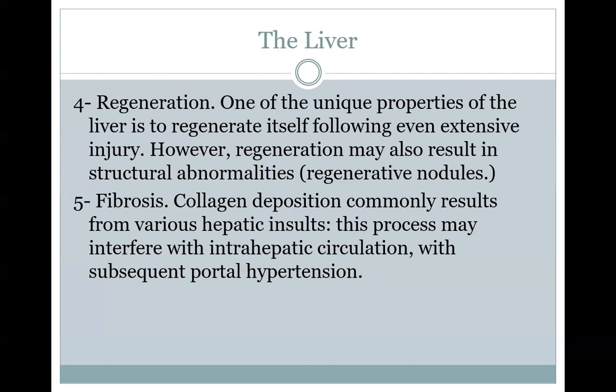I'm saying a special type because we know, for example, that hepatitis A, even though it starts in the portal triad and causes portal triaditis, eventually is going to be resolved completely without any kind of sequela. There will be no fibrosis that will follow.